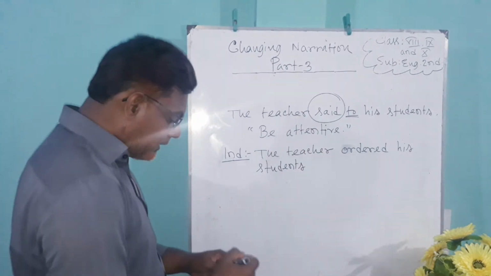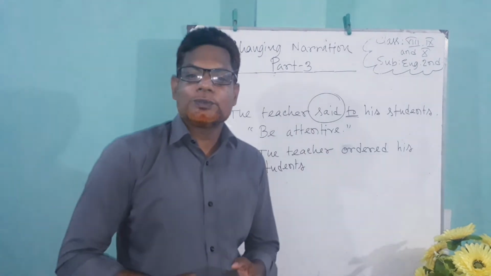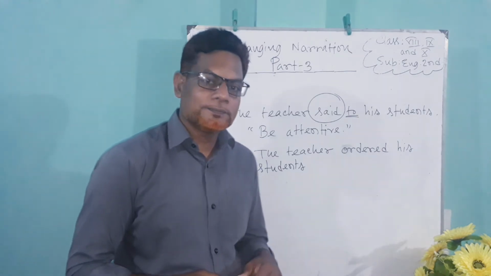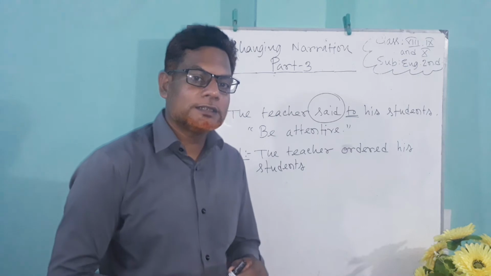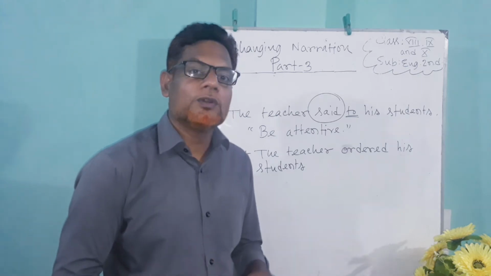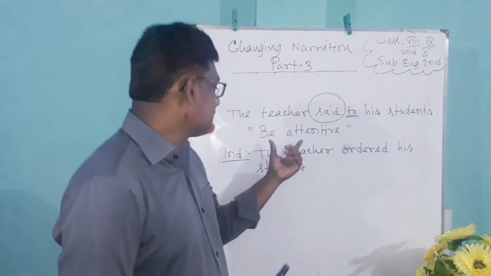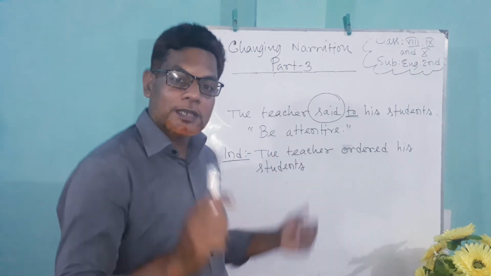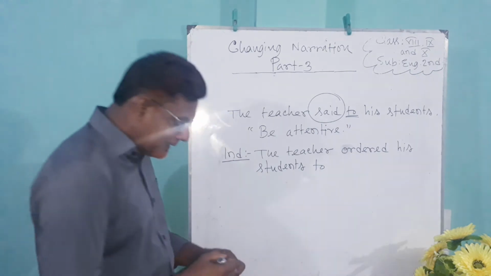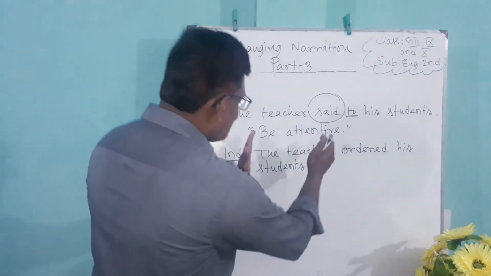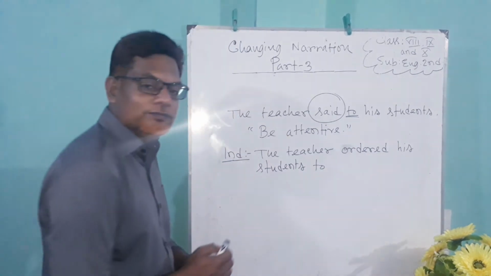Then we have to use a connector to connect the reporter's speech. Which connector will be used here? I told in the poster that we have to use to or not to. As the sentence is affirmative, we have to use to. Yes, I have used to here. Then this sentence will be connected with this reporting verb.